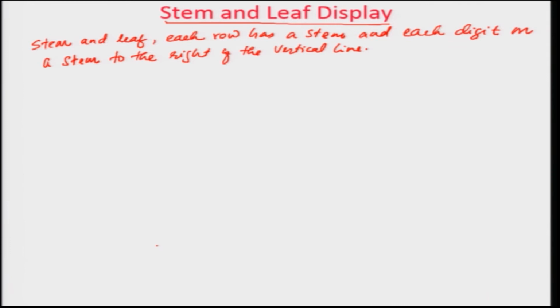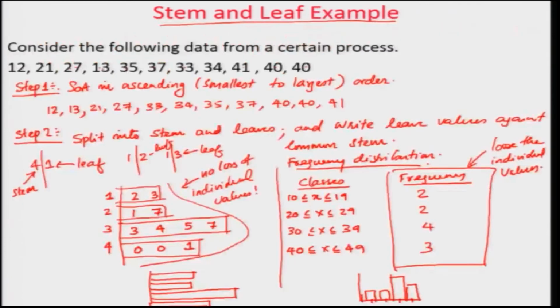So, when we wrote the stem and leaf diagram, if you look back, this is a row, this is another row, this is another row, this is another row. Each row has a stem. And here is the stem, and there are the leaves, right.